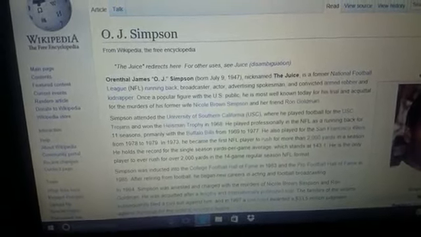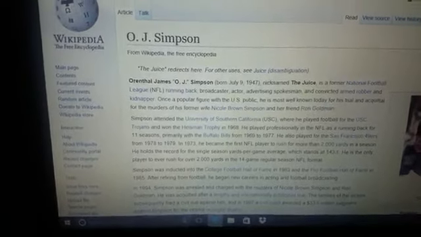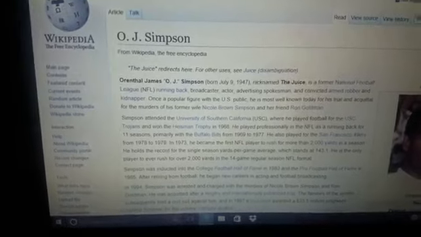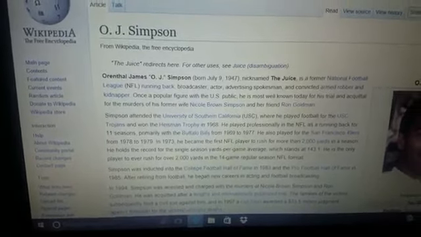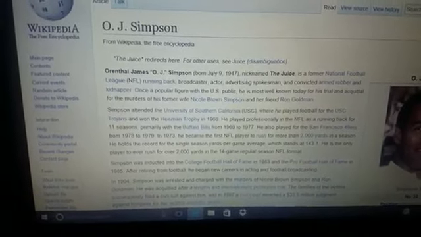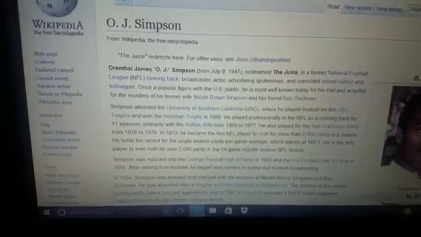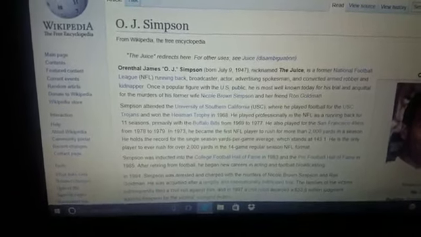This trial took place in 1995. One thing we need to understand about these situations is that anything the government puts in the mainstream media for us to see on a regular basis is definitely going to be altered and have an ulterior motive behind it.